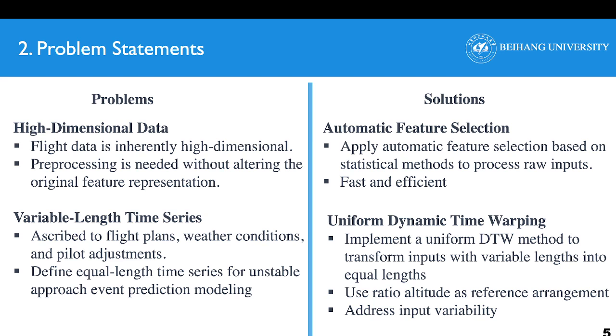To ensure consistent data inputs for event prediction modeling, we require equal length time series for the future modeling. Therefore, for these two main problems, we apply automatic filter selection based on a statistical method to achieve dimension reduction.